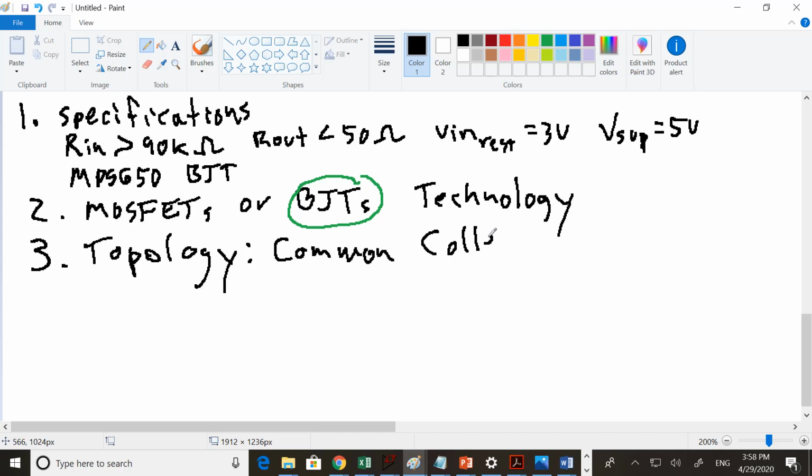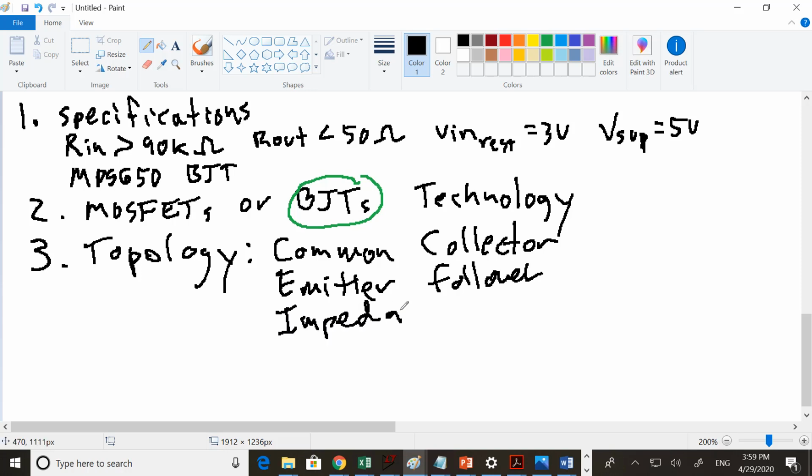And again, this has lots of names, so emitter follower is the same thing. Impedance transformer is another name.